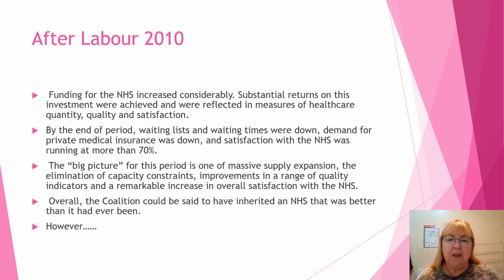So moving on from our previous session, which focused on the Labour policies up to 2010, there was a change of political government. Following an election, the majority was held by the Conservative Party, but not enough to form a complete government.